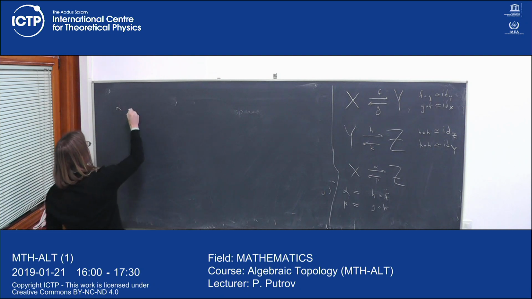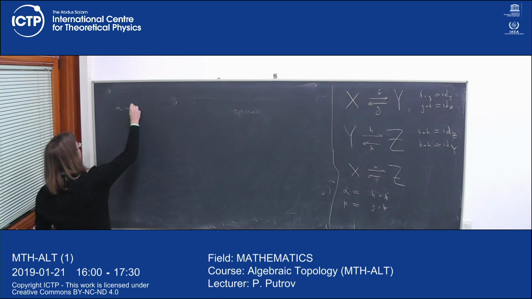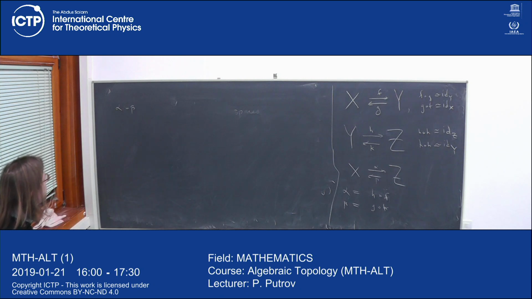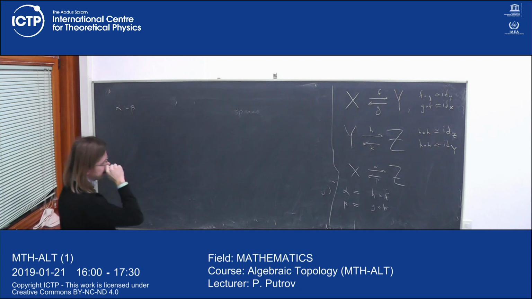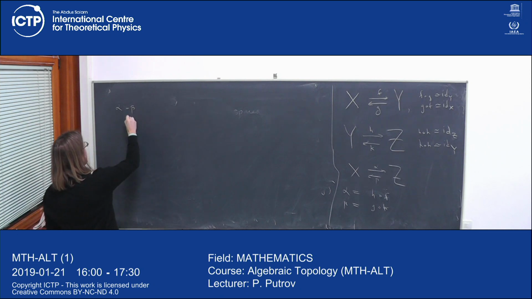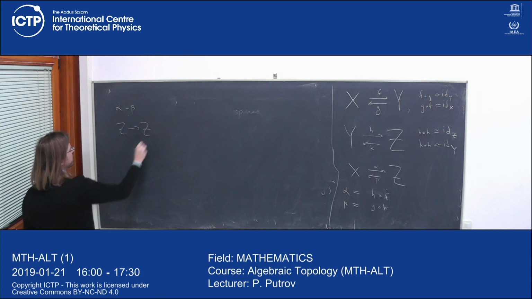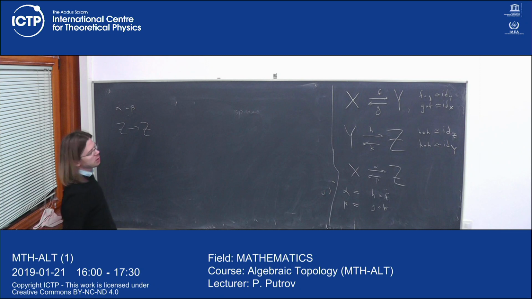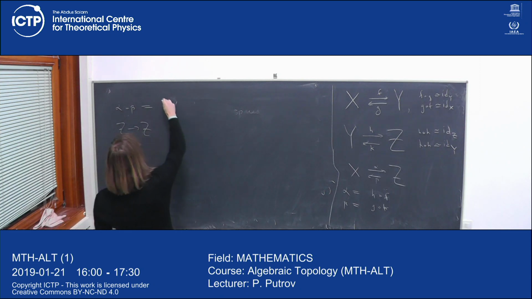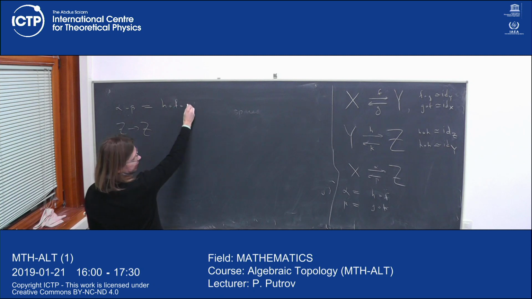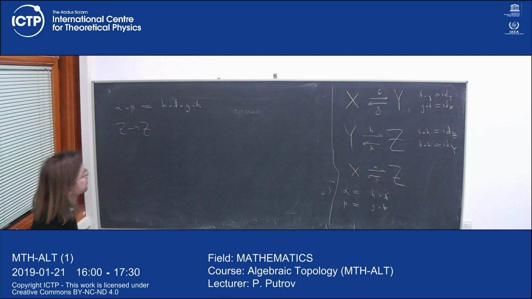First of all, let me start with the composition in beta. So this is a map from Z, so I need to show that this should be homotopic to identity on that. So this is H F composition G.